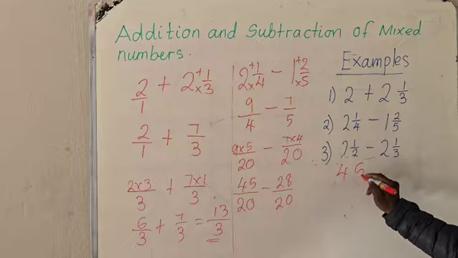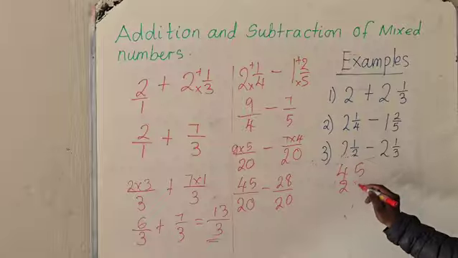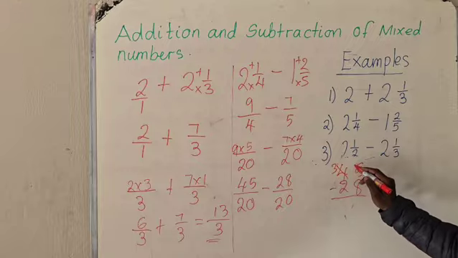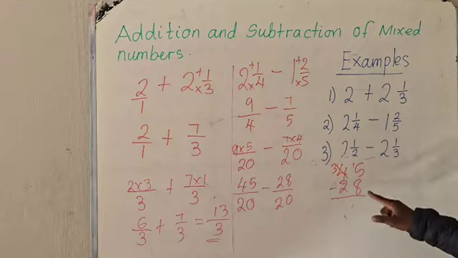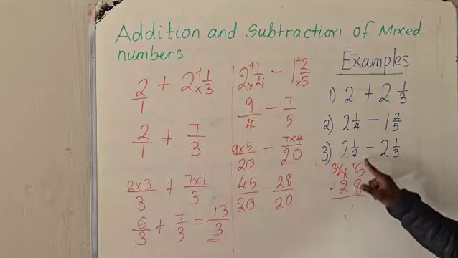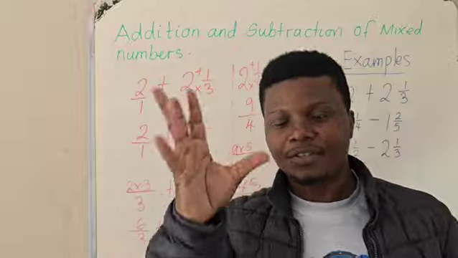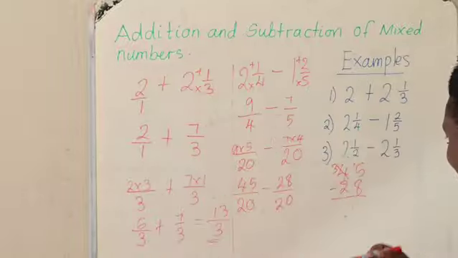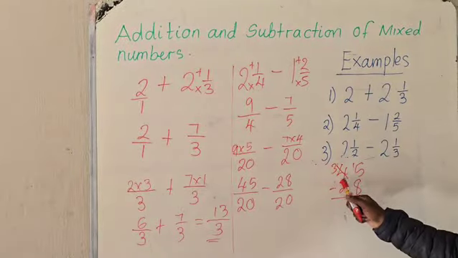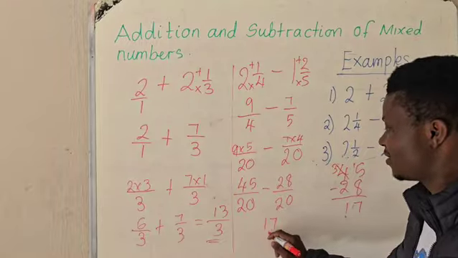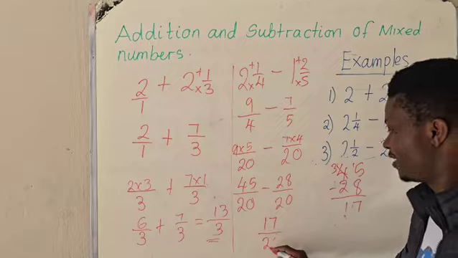This is 45 minus the other numerator 28. Can 5 subtract 8? No, so we borrow from here. This is 3, that becomes 15. 15 minus 8, count from 8 until you get to 15. That's 8, 9, 10, 11, 12, 13, 14, 15. Then you get 7. 3 minus 2, you get 1. So that means we get 17 all over the same denominator, 20.